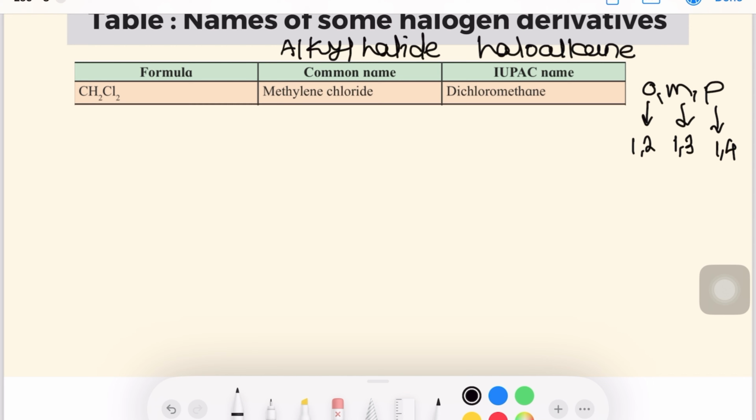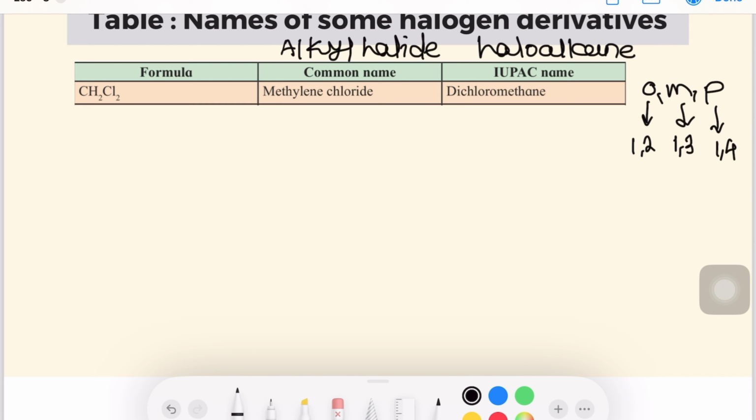Aryl halides are also named as haloarenes in common as well as in IUPAC names. This is a very important point. For dihalogen derivatives of arenes, the prefixes ortho, meta, para are used in common names.